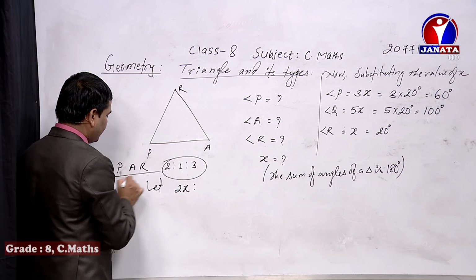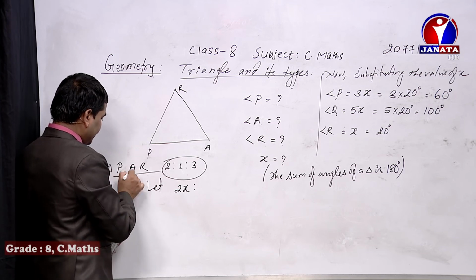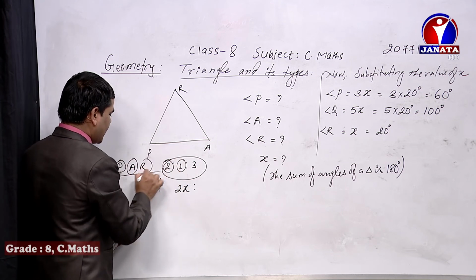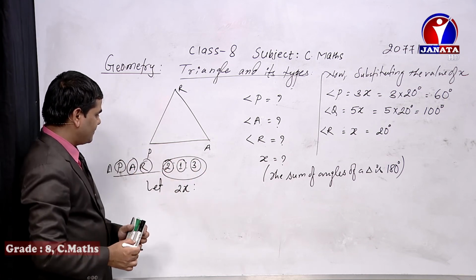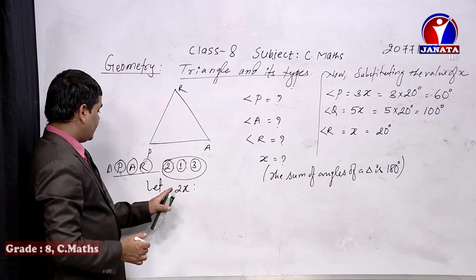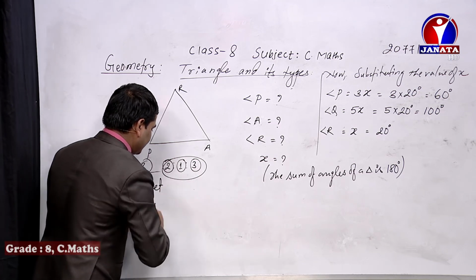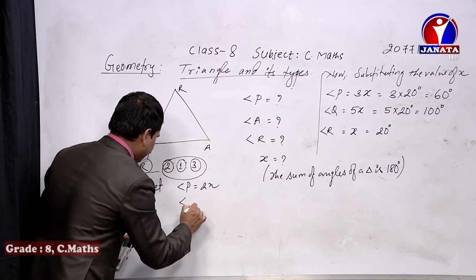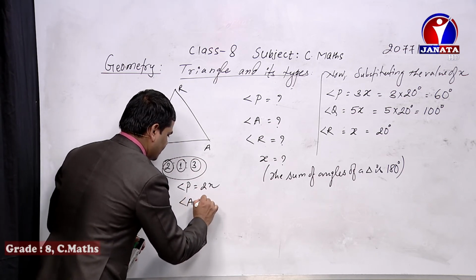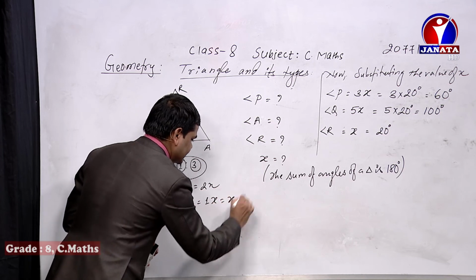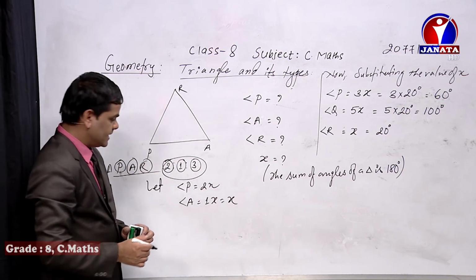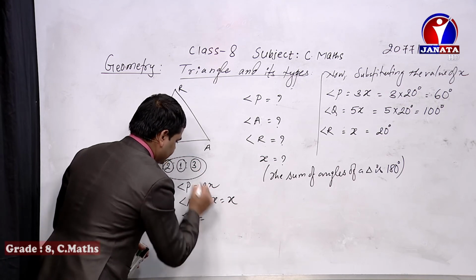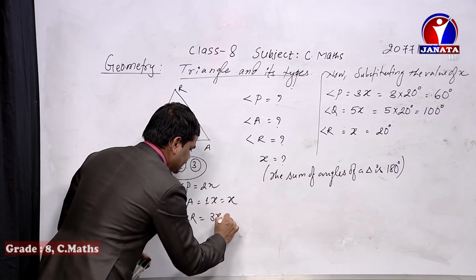The ratio of the angles of triangle PAR: P belongs to 2, A belongs to 1, and R belongs to 3. In this way, angle P equals 2x, angle A equals 1x, which directly you can write as x, and angle R equals 3x, as its part is 3.